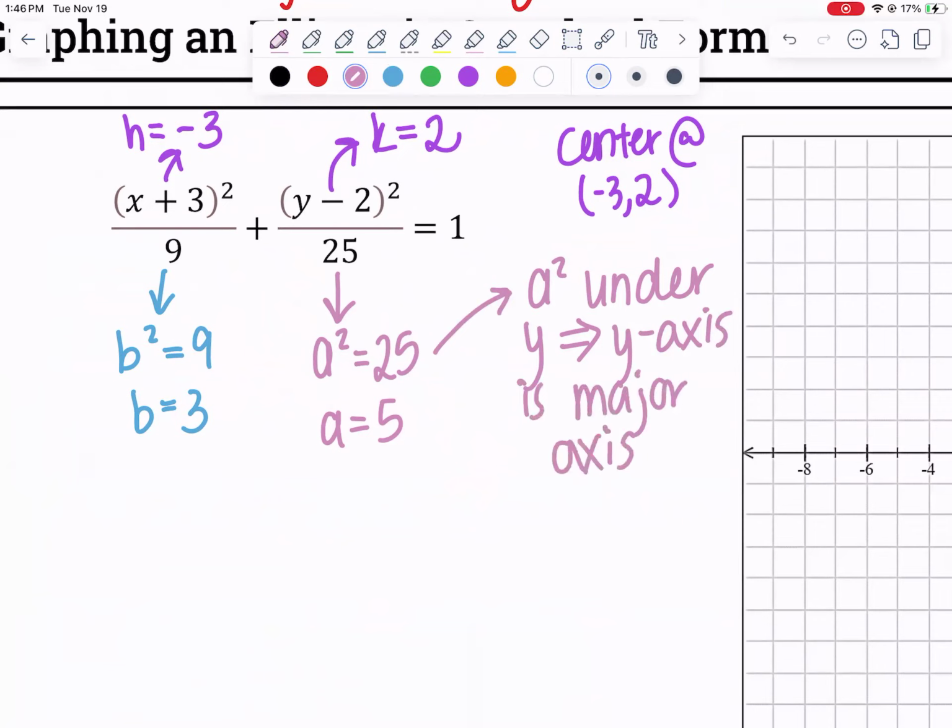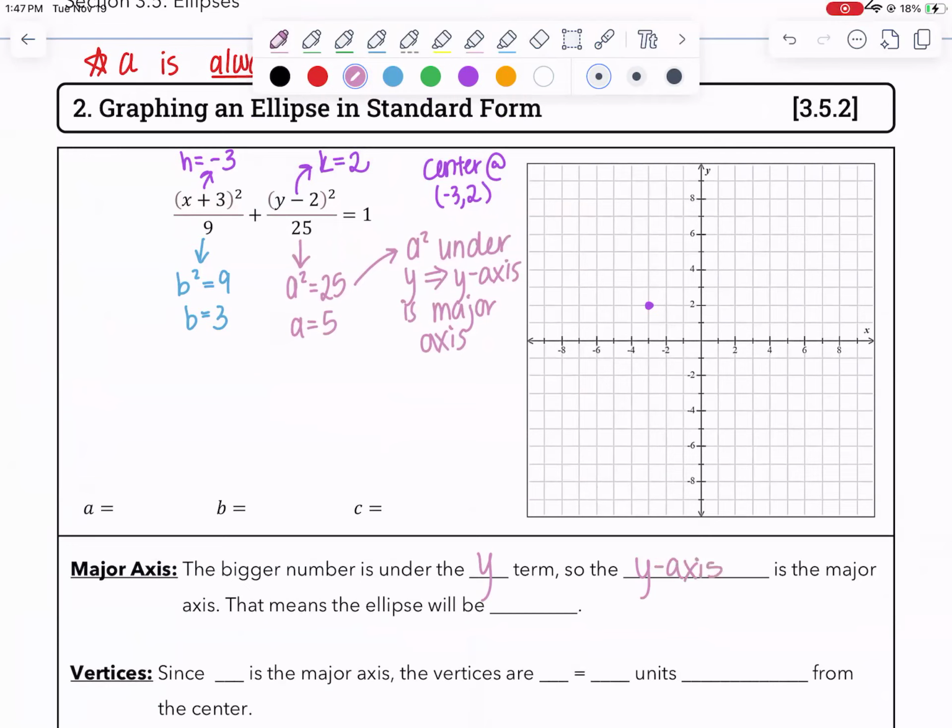The bigger number is under the y term. So the y-axis is the major axis, and that means that the ellipse will be tall, not wide. Taller than it is wide.